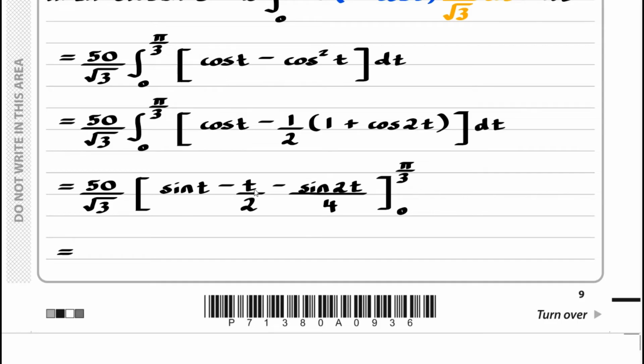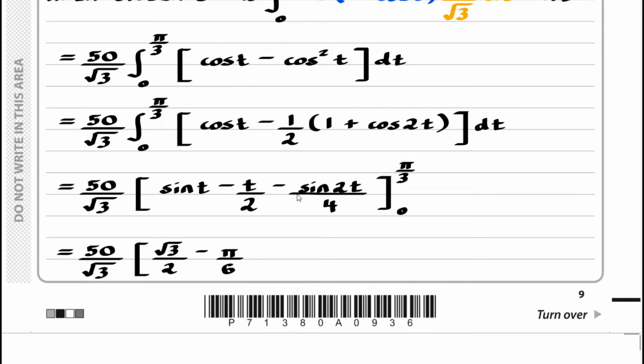So we have 50 over root 3, and if I substitute in pi over 3, we have the sine of pi over 3, which is root 3 over 2. Then we have negative pi over 3 over 2, which is negative pi over 6.